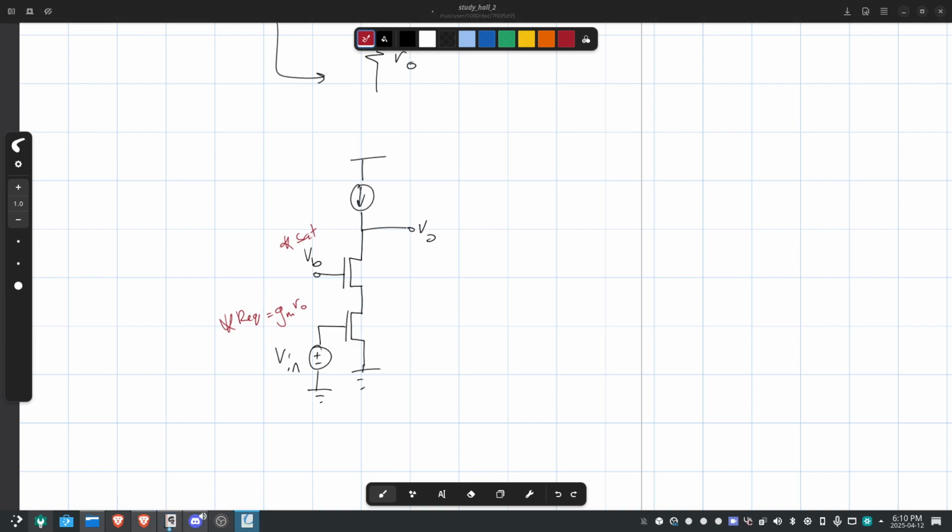Or I can check the formula sheet. This is a common source, so it's RD. Sorry, no, not RD. Let me pull up the exact answer, because again, this can be derived yourself. That's the whole point I want to drive home: I don't want you to memorize this stuff. I want you to just figure it out, because it's often faster to just figure it out.